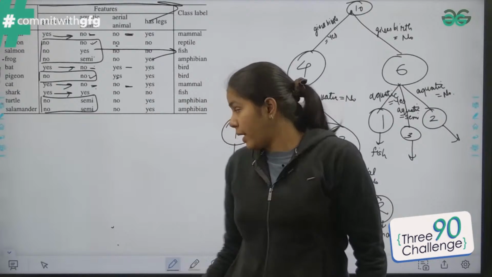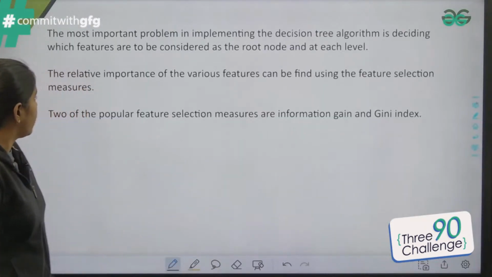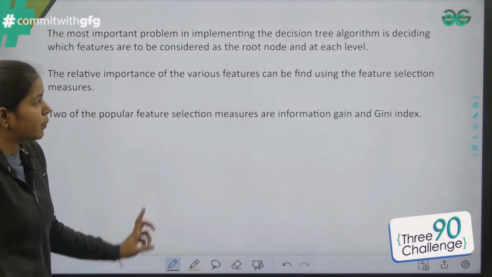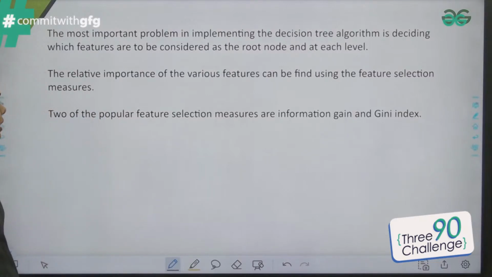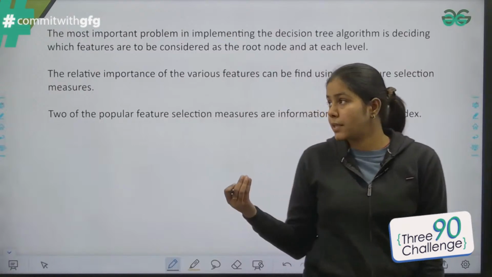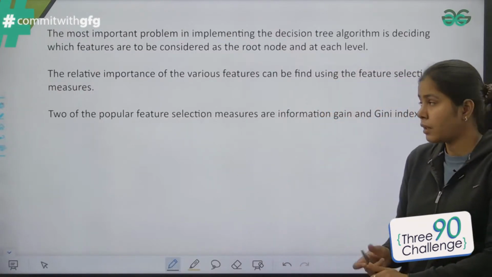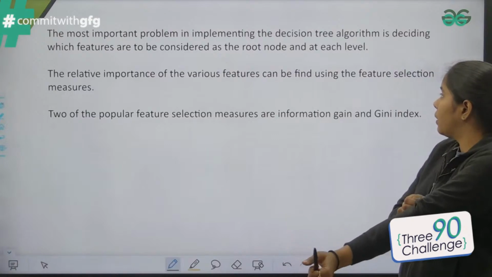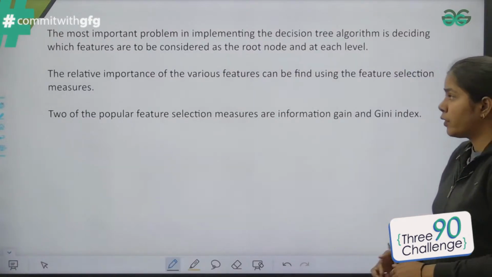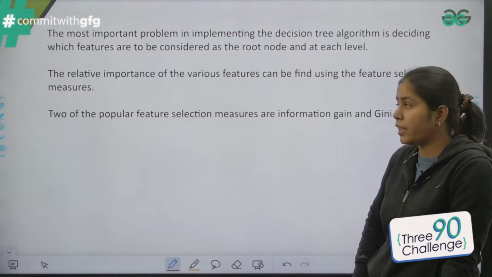That's why I have the classification feature. The most important problem in implementing the decision tree algorithm is deciding which features are to be considered as a root node and at each level. I want to know what feature I have to choose to divide the tree, to take that split.